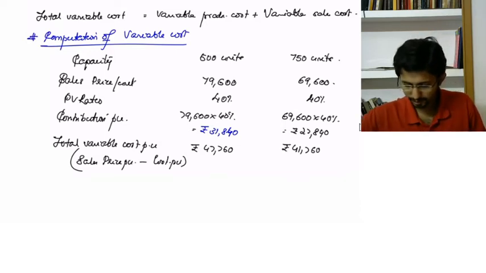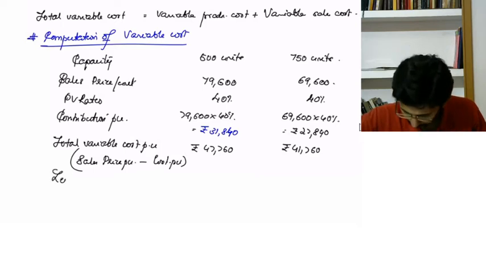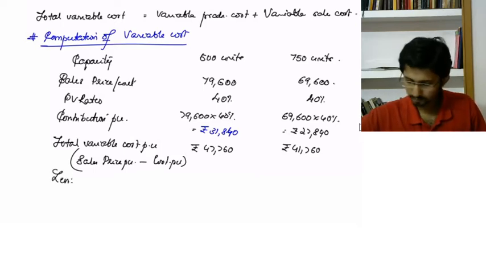Is it clear? That is the variable cost. 69,600 into 0.6 will be 41,760, then 79,600 into 0.6 will be 47,760.